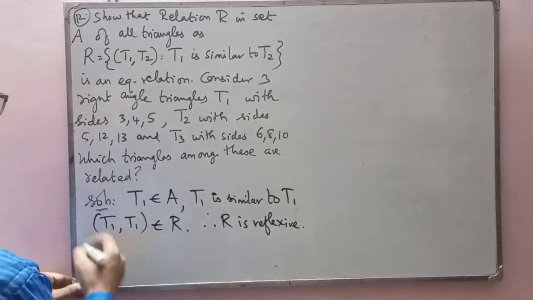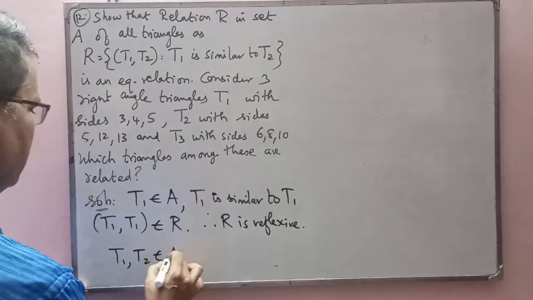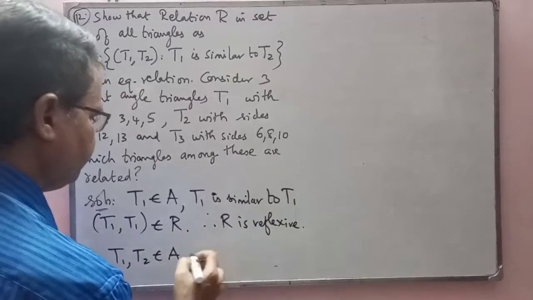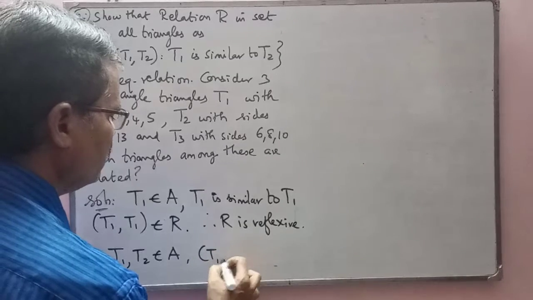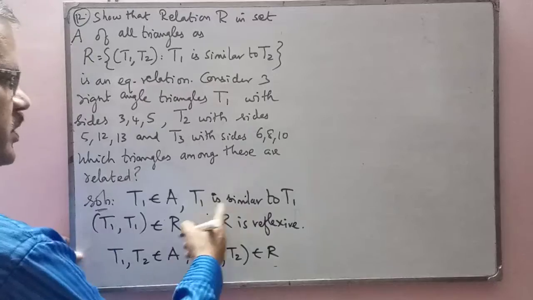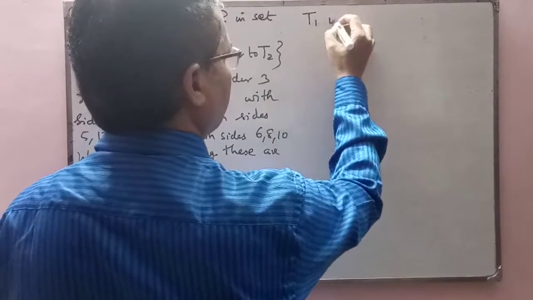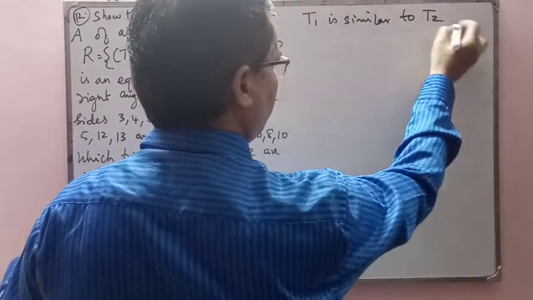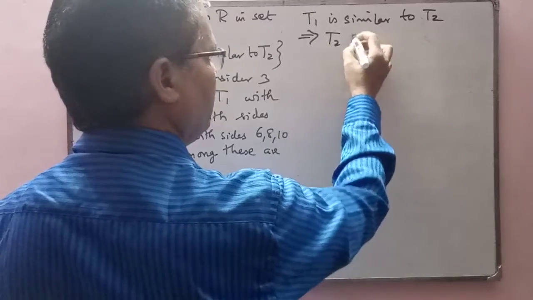Now take two triangles to prove symmetry. T1, T2 belongs to A. Okay, children. Now, you should take them in such a way that (T1, T2) is in R. That means T1 should be similar to T2. So T1 is similar to T2 implies T2 is similar to T1.